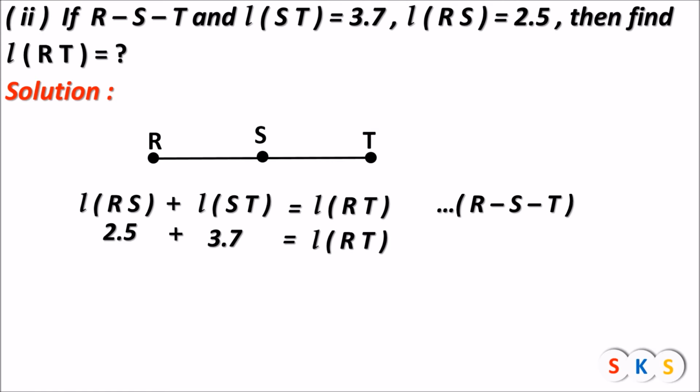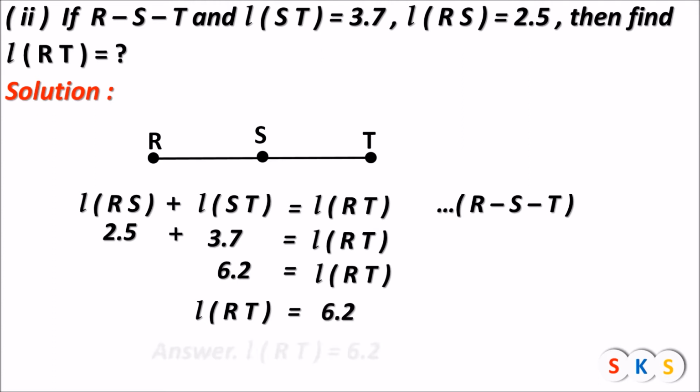Now we will add 2.5 with 3.7, we will get 6.2 equals length RT. Therefore length RT equals 6.2.